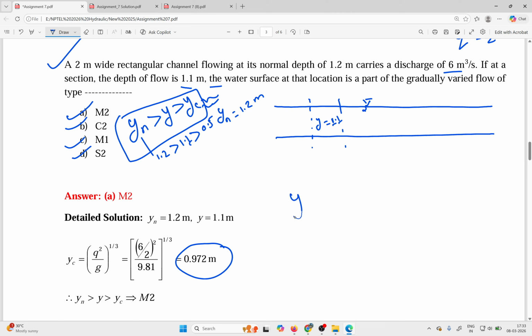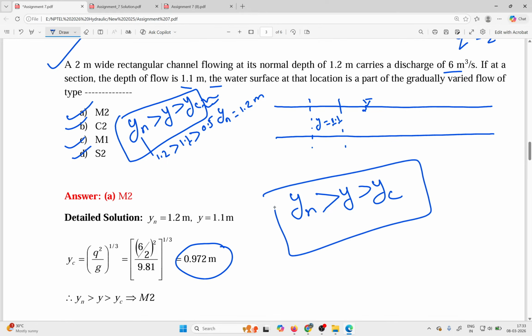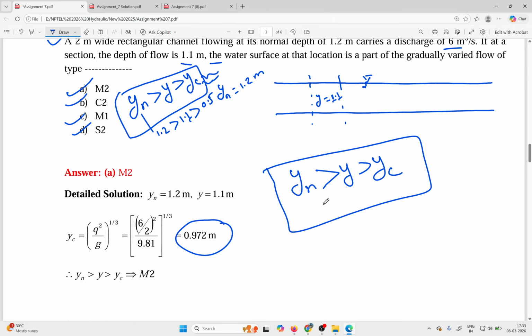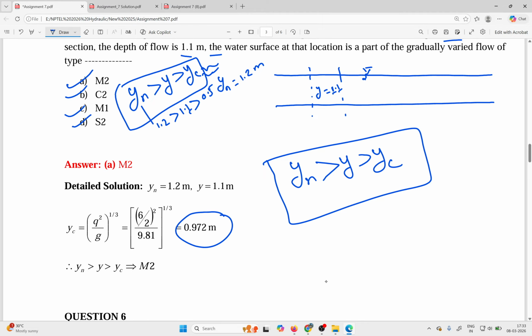Again your yn is 1.2, y is given in the question as 1.1, and yc is coming 0.97. This combination is possible in a mild slope. What is a mild slope? This is your slope.